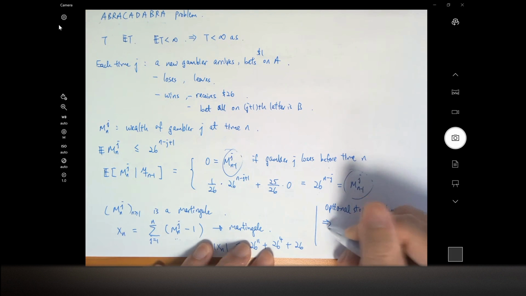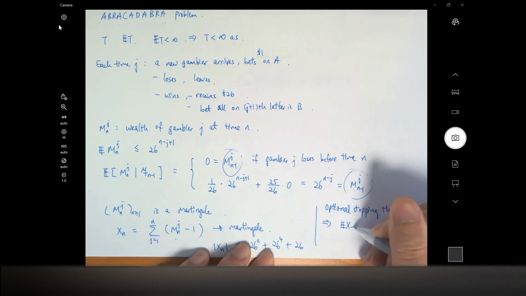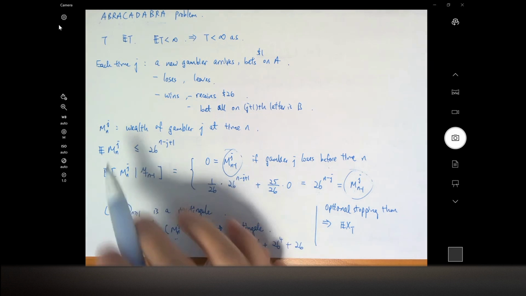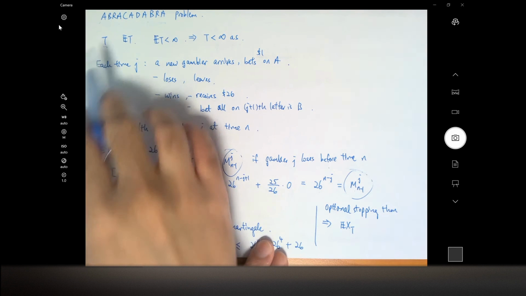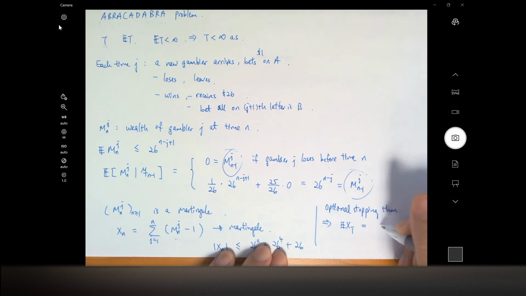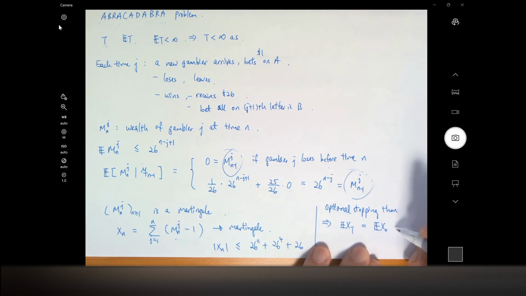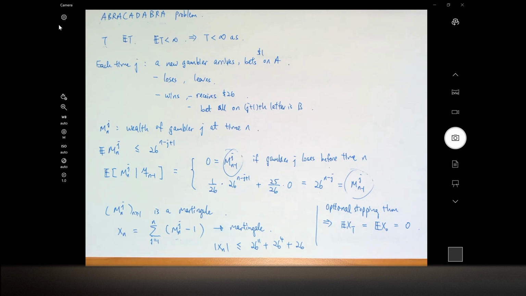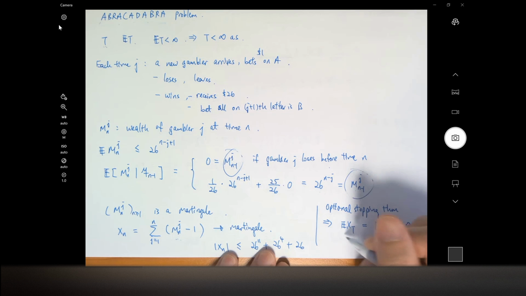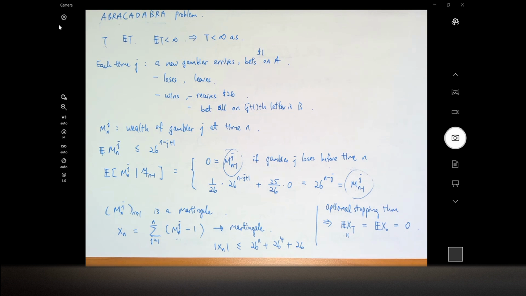This will imply that the expectation of S_T, where T is my stopping time, is equal to the expectation of X_0, and X_0 is 0. I start off with 0 payoff, and the expectation of S_T, we can compute this.